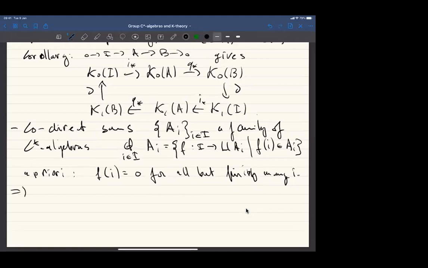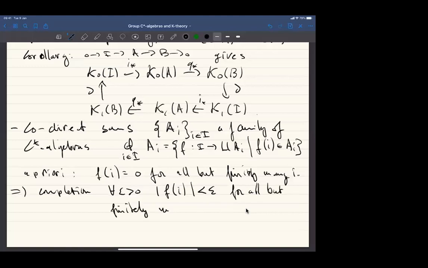So we need to take a completion such that for every epsilon greater than 0, the norm of F_i is less than epsilon for all but finitely many i.